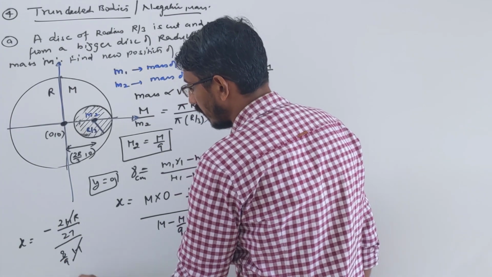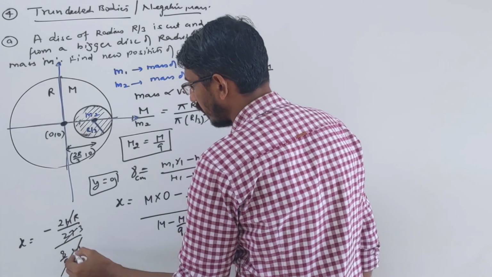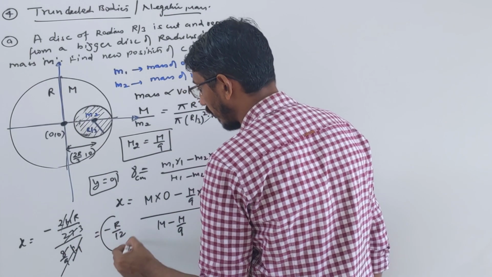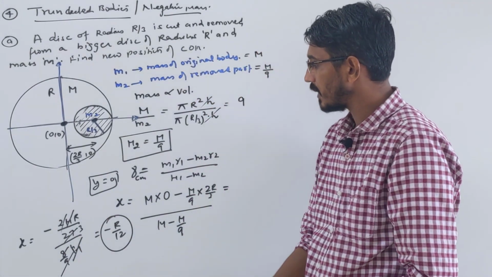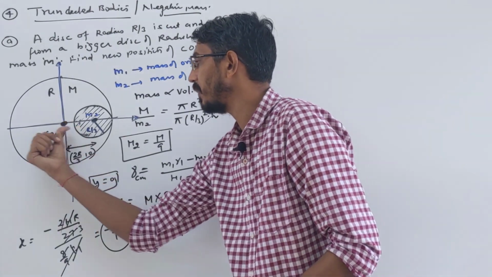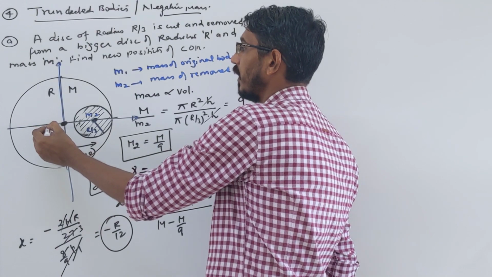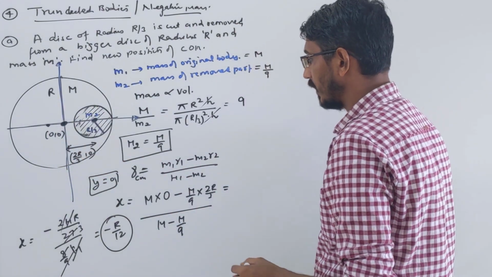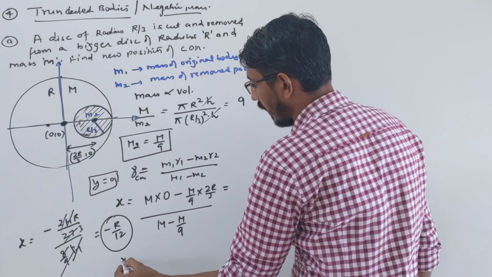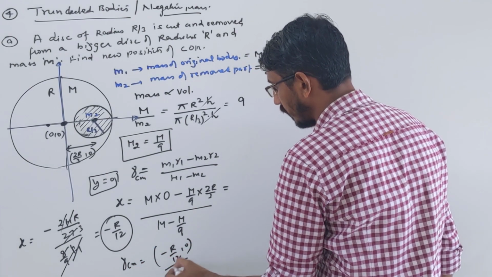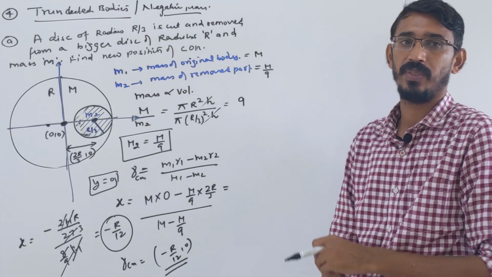Mass cancels, 9 goes 3 times here, 2 goes 4 times here, so it becomes minus r by 12. Minus means shifting to the negative side, right? So the center of mass will be somewhere here. If they are asking for the position, you write R CM is nothing but minus r by 12 comma 0. This is the new position of the center of mass.